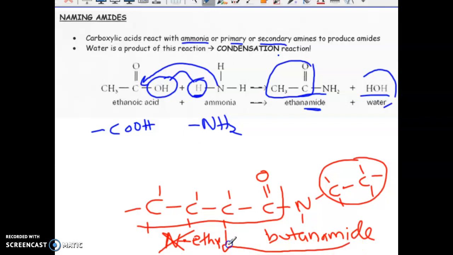It's automatically known that that is on the nitrogen. But if you want to keep it consistent, I would suggest keeping the capital N. Your textbook does keep the capital N anyways. But in case you come across something on a worksheet or online somewhere, if you see an amide without the N, it's because it's automatically assumed.